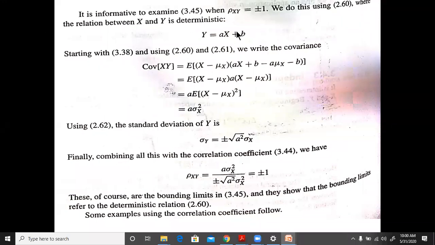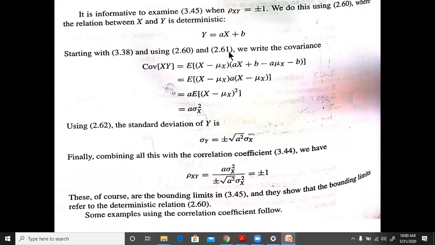Now we can consider the equation y is equal to ax plus b and see what the value of rho xy is under those conditions. If y is equal to ax plus b, then starting from 3.38 and using 2.60 and 2.61, we get the covariance of xy as E of (x minus mu x) into (y minus mu y).